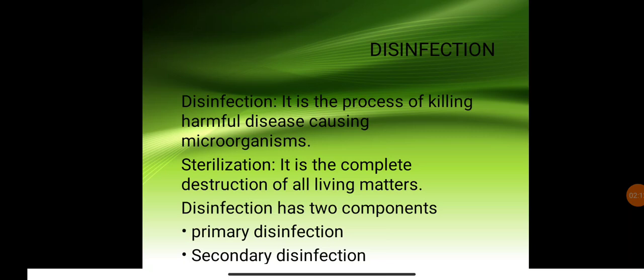The disinfection process has two components. One is primary disinfection, which is just the inactivation of the microorganisms in water. The other is secondary disinfection, which means maintaining the disinfectant residual in water. Those are the two components.